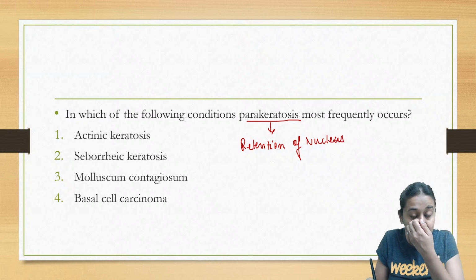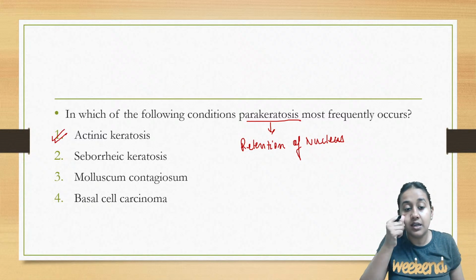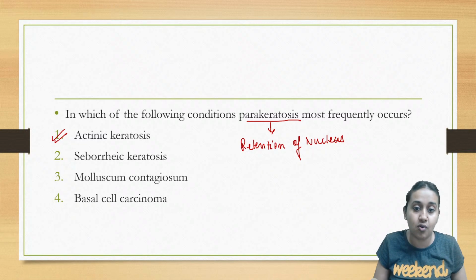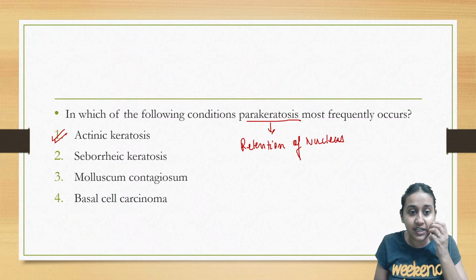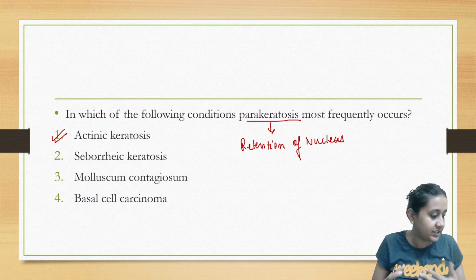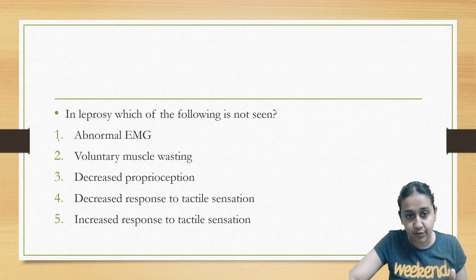A very common example is psoriasis. But please remember, even actinic keratosis is a condition where you have retention of the nucleus, or parakeratosis, like that of psoriasis. So that was the first question which students have posted on the group. So the answer is actinic keratosis.